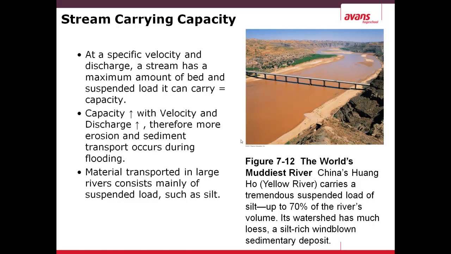Material transported in large rivers consists mainly of suspended load, and not large rocks or dissolved load. An example of one of the world's richest rivers in suspended load is the Yellow River in China. This river has up to 70% of its volume being suspended load.